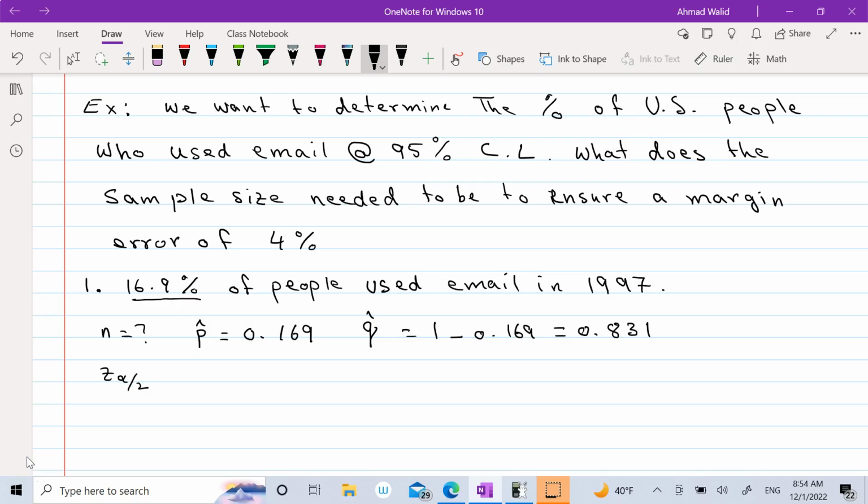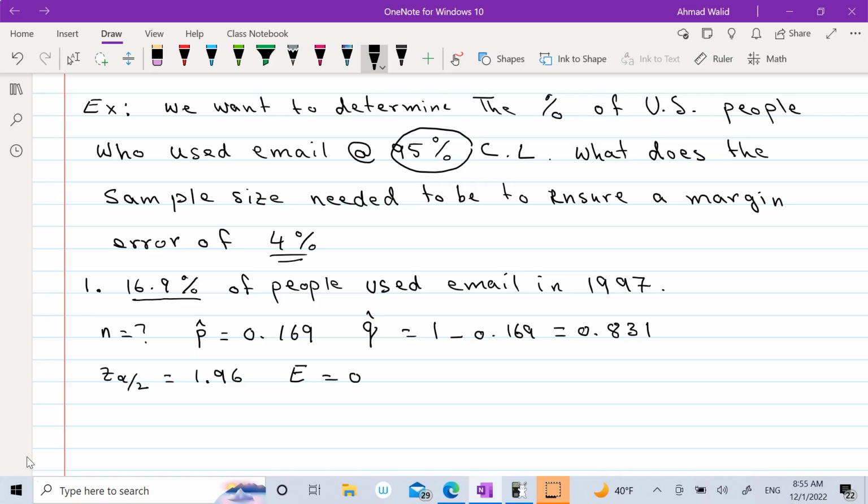From where can I find Z alpha over 2? It's the 95% confidence level. You know your Z alpha over 2 for 95% is 1.96, your critical value, correct? And also the margin of error is given to you as 4%, you see?